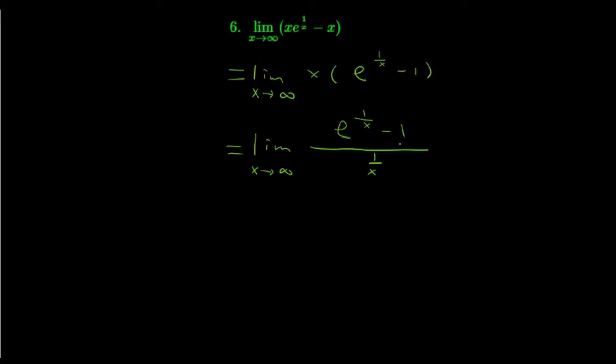Now, the next step, we are going to verify the condition. We are going to verify that the limit of this quotient is indeed an indeterminate quotient. Later on, I'm going to tell you why we call it an indeterminate quotient, what we mean by indeterminate.